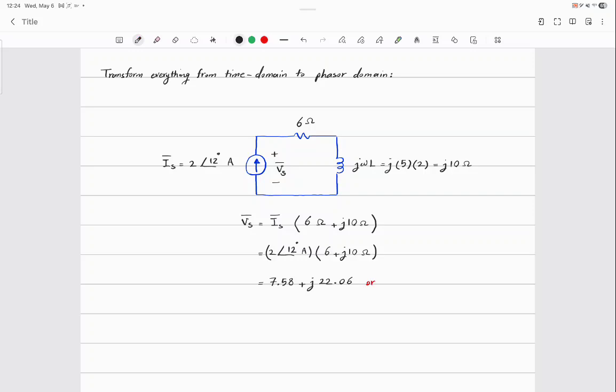Tell me what it is. 23.32 angle 71, and let me write the units as well. It's in volts.